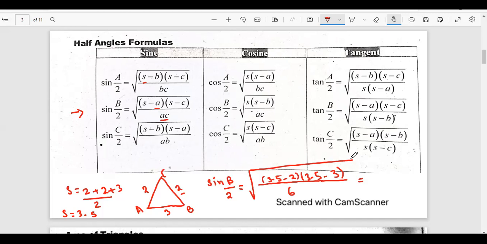Ma'am, I'm getting 0.35 as the answer. Yes, that is correct. Very good. This is 0.354.